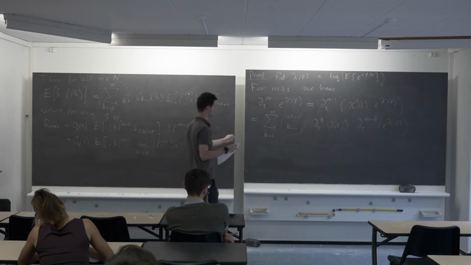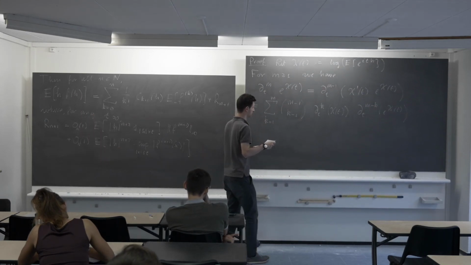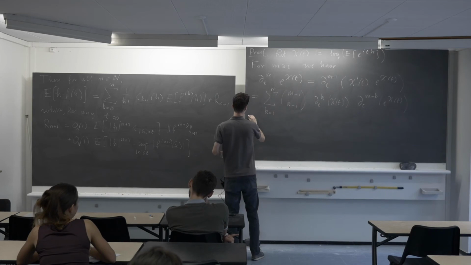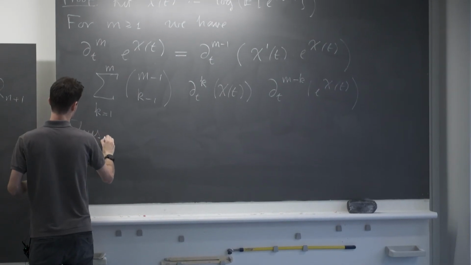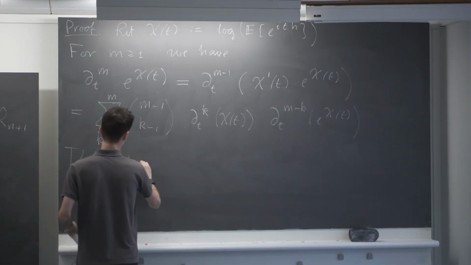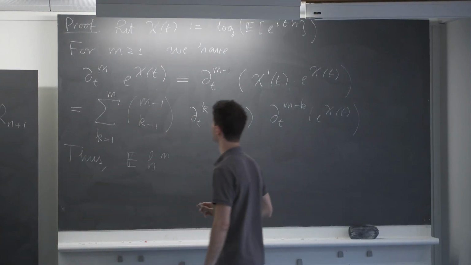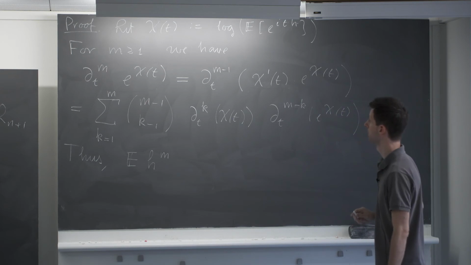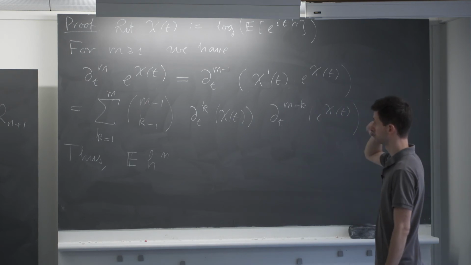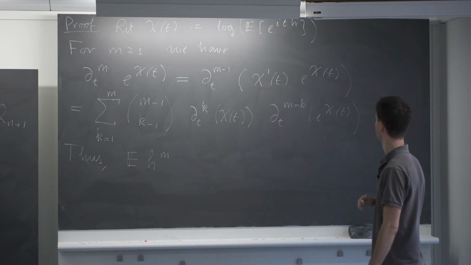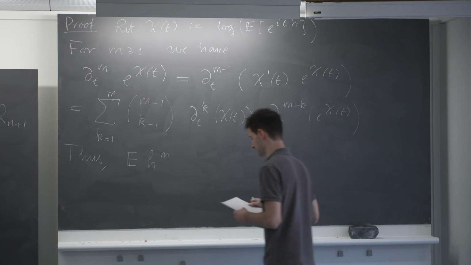And now I can specialize. I take the expectation of all of this, and I set t equal to 0 at the end.